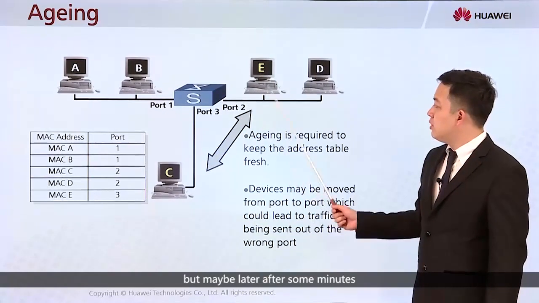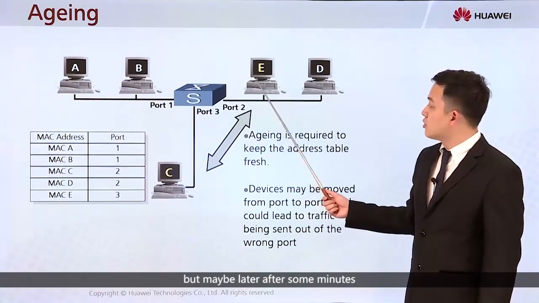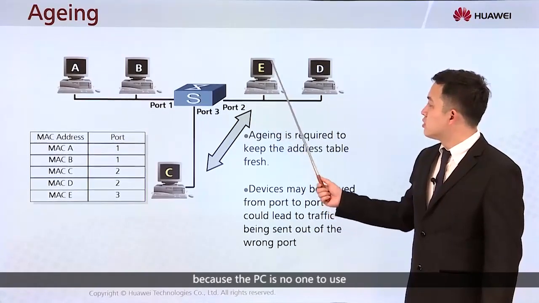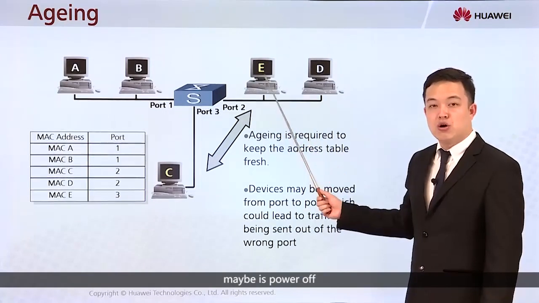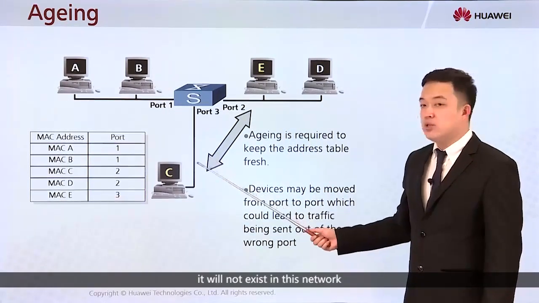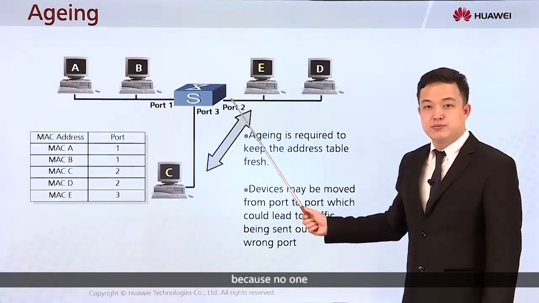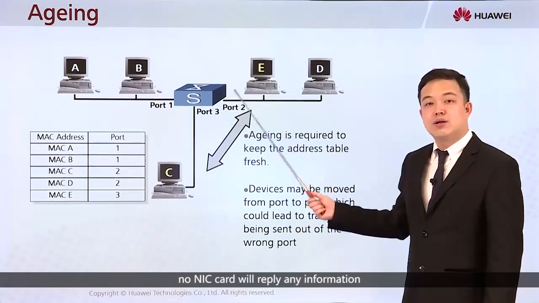But maybe some minutes later, because no one is using the PCs, maybe they are powered off. These 2 PCs are powered off. They will not exist in this network because no NIC will reply with any information.